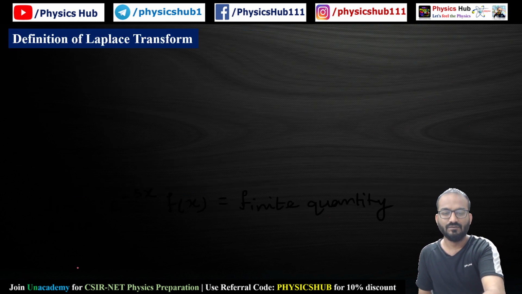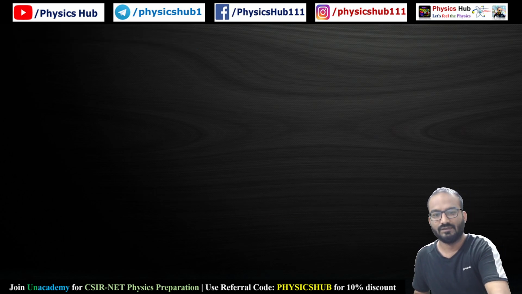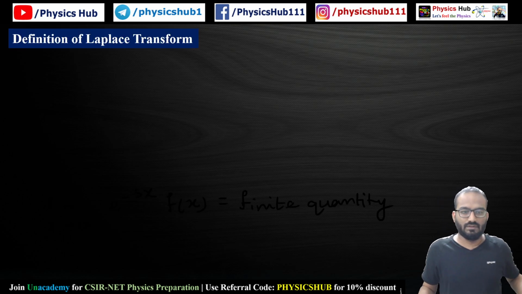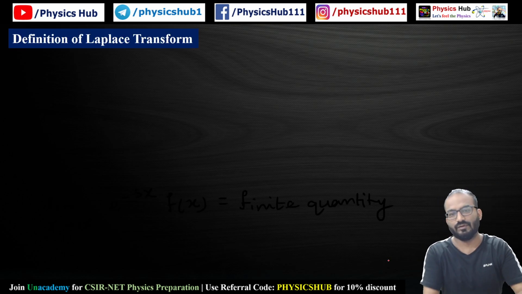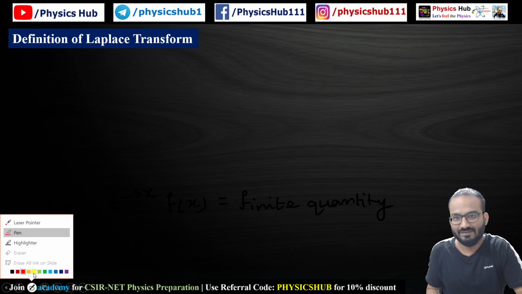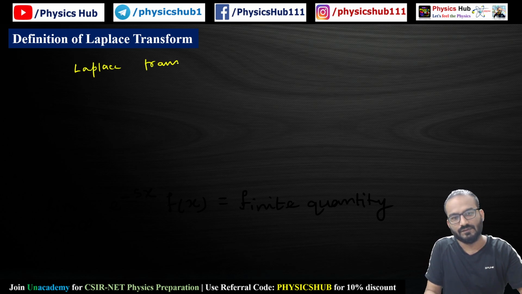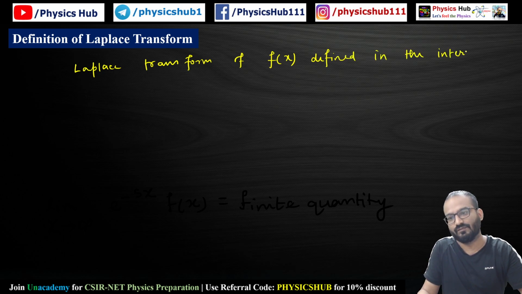Now let's talk about the definition of Laplace transform. You have understood the basic thing about Laplace transform. Now what is the mathematical definition of this? Mathematical definition is very important. Let's say we are calculating the Laplace transform of some function f of x, defined in the interval 0 to infinity.